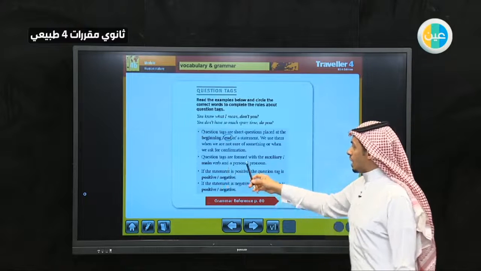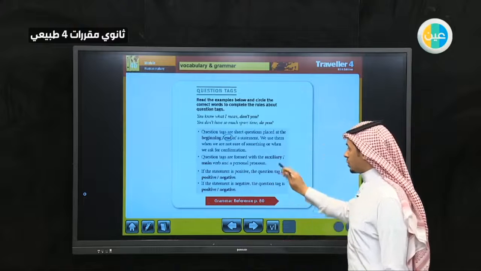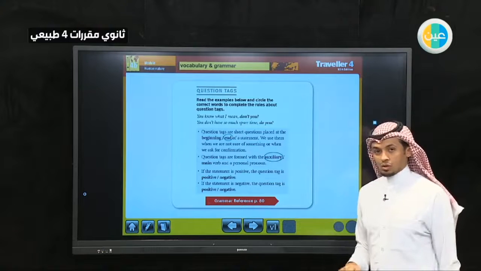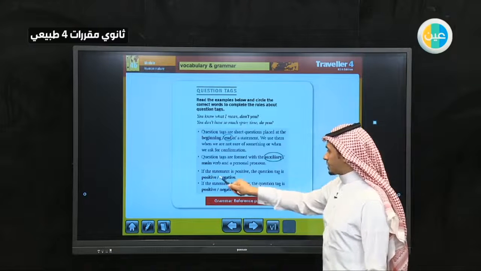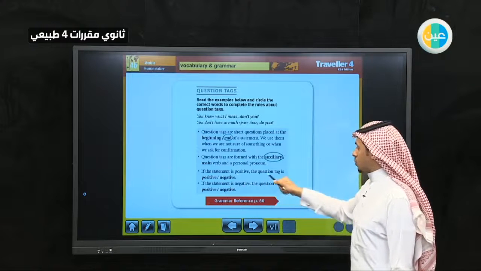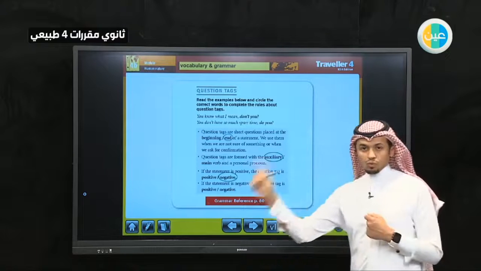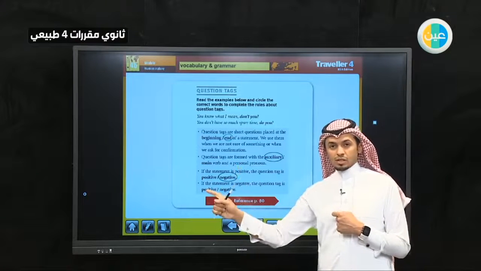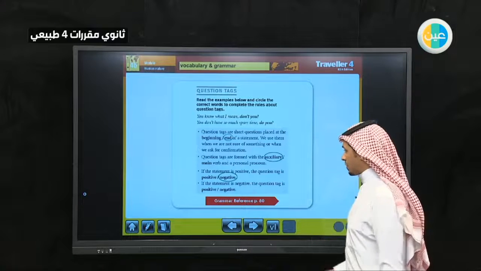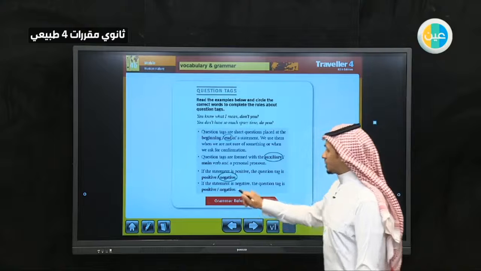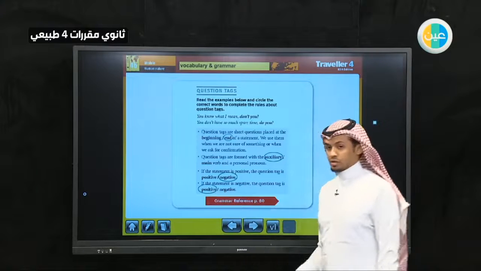Question tags are formed with the auxiliary or main verbs. If the statement is positive, the question tag should be negative, and vice versa. If the statement is negative, the question tag should be positive.